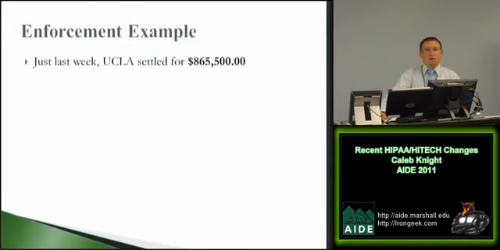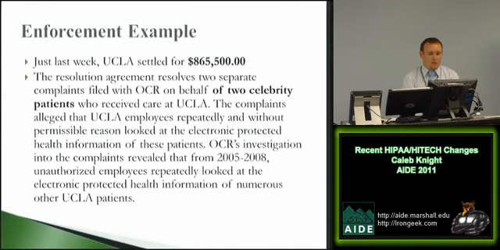By way of example, just last week UCLA announced that it settled a disclosure for $865,000. There had been two celebrity patients that had checked into UCLA's medical center, and once the medical staff found out that these celebrities checked in, they were going to their computer workstations and accessing the patients' information to see what they checked in for.